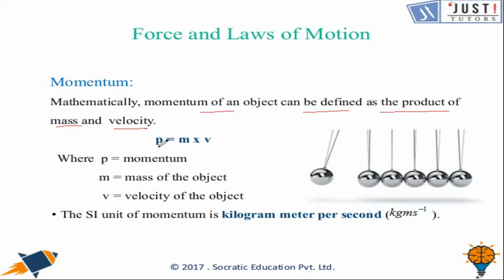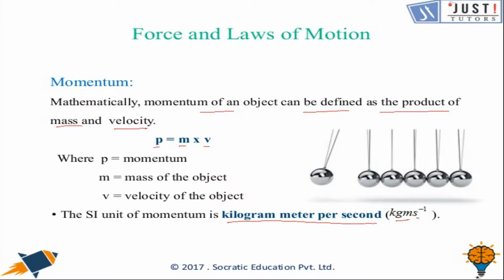We use small p for momentum, m is for mass of an object, and the velocity is represented as small v. The SI unit of momentum is kilogram meter per second. We also write it as kilogram meter in seconds power minus 1. Its direction is the same as the velocity of the object.